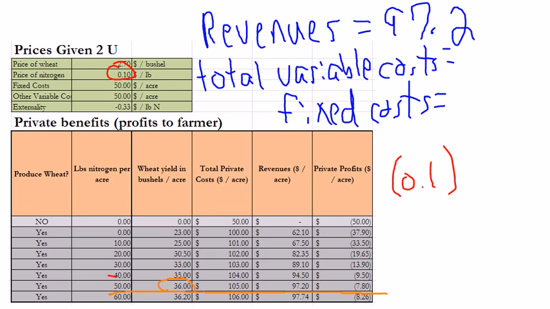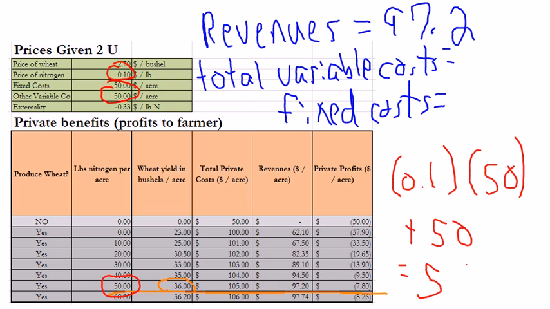We're going to be applying 50 pounds. That's going to equal 5, and then we add other variable costs. Our total variable cost is then going to equal 55. So total variable cost 55, and then fixed cost, of course, is given over here, is 50.